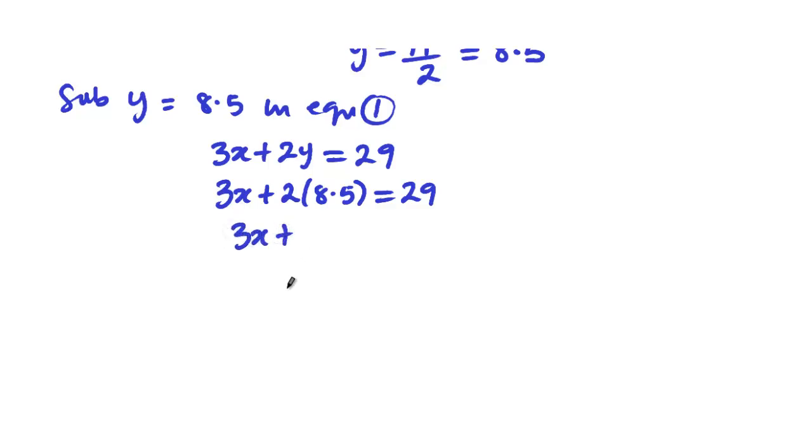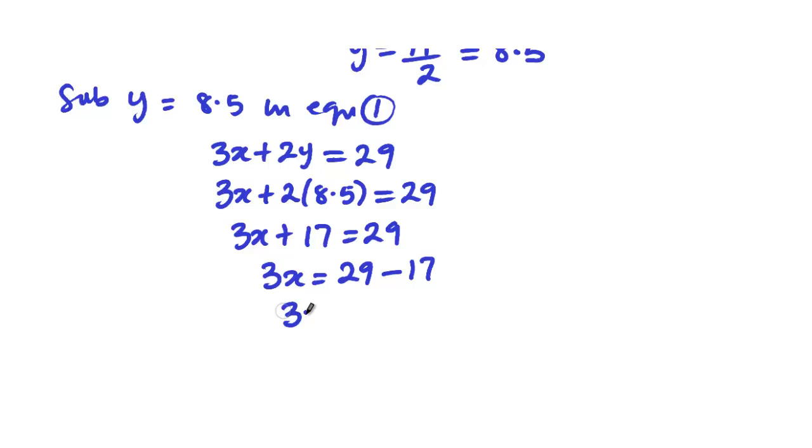All right. So we now have 3x plus 8.5 times 2. That will give us 17. Plus 17 is equal to 29. So collect like terms, we have 3x will now give us 29. 17 coming here will be minus 17. If a positive number crosses the equality or inequality sign, it will turn to negative.